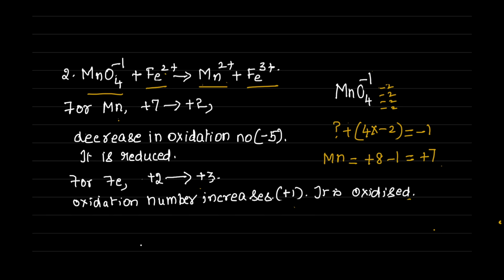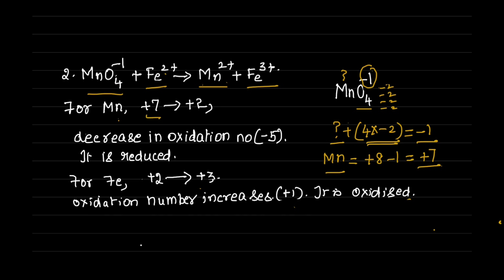In permanganate ion, the total oxidation numbers due to 4 oxygen is 4 into minus 2. The algebraic sum of the oxidation number of manganese plus that of 4 oxygen is equal to the charge on the ion, that is minus 1. Therefore, the oxidation number of manganese on the reactant side is plus 7.